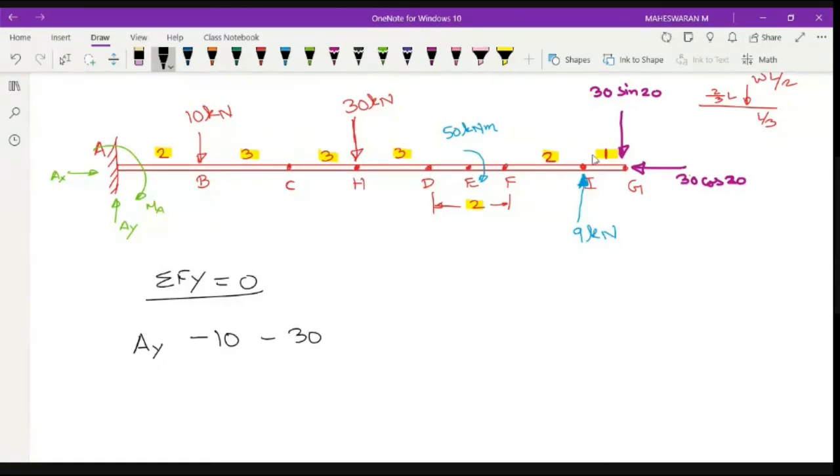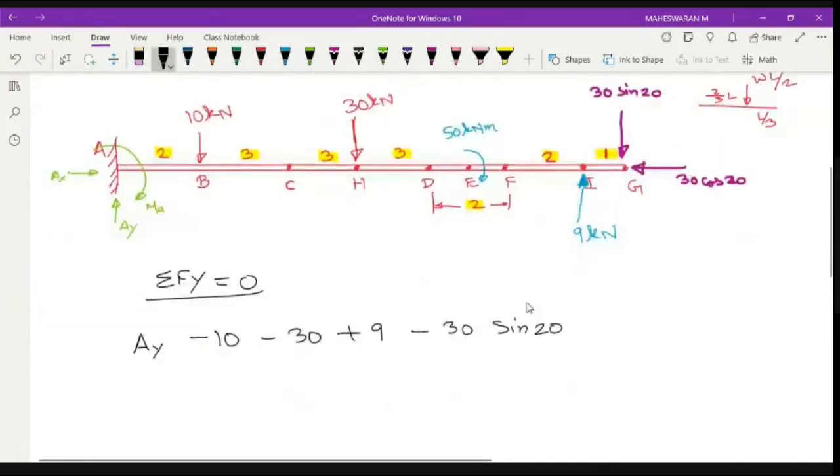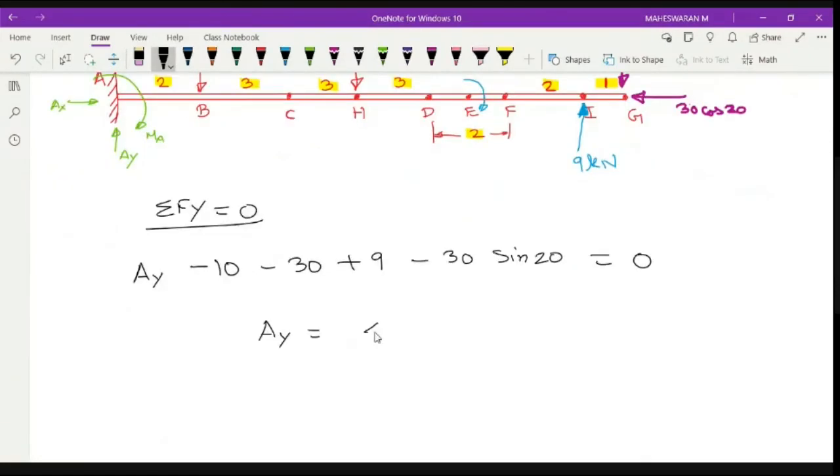So this one, plus 9 and this one, minus 30 sin 20. So no other force. That's it. So this is equal to 0. So can you identify what is my Ay now? 41.26 kilonewton. So this part is also over.